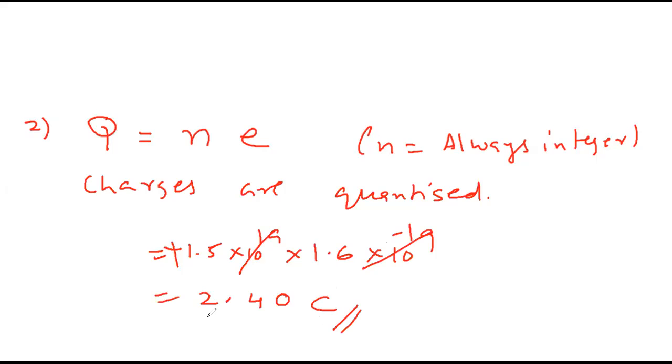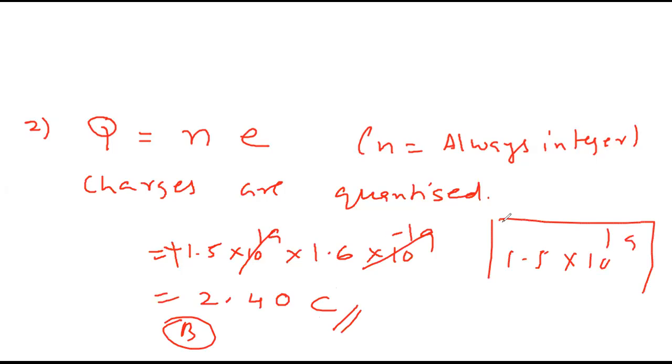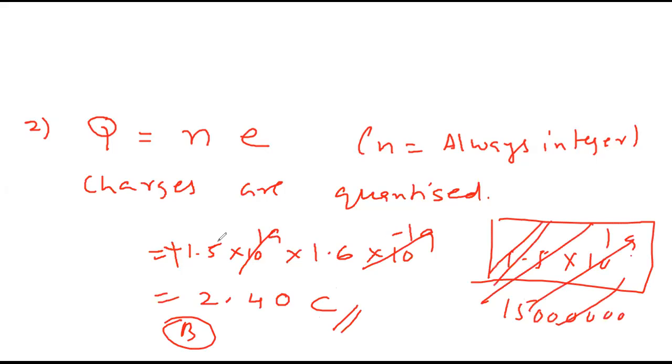Plus 2.4 coulomb, B option. See, this 1.5 into 10 raised to 19 number is not decimal because when you multiply with 10 raised to 19, तो ये 15 और आगे 18 0 आएगा ना. So it is integer, correct? Otherwise आपके मन में लगेगा ये तो 1.5 decimal है, but when you multiply with 10 का factor, decimal vanishes, no? Yes, sir.